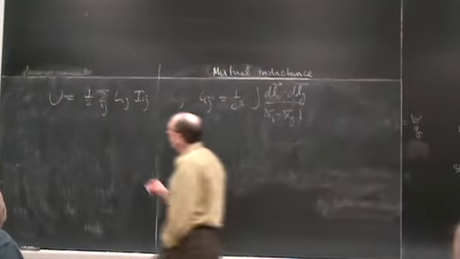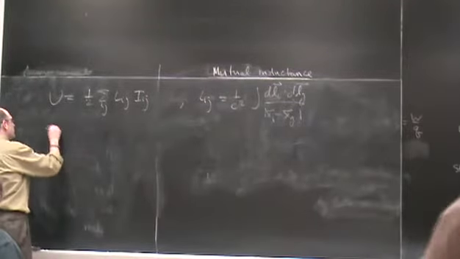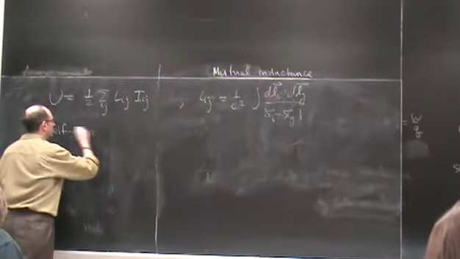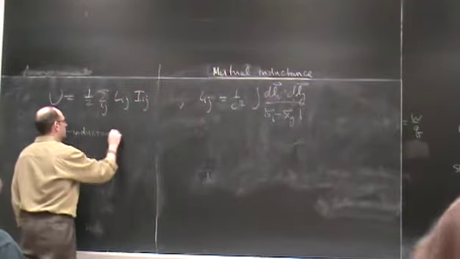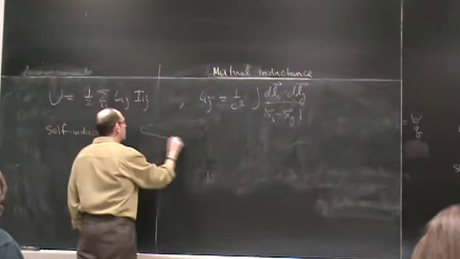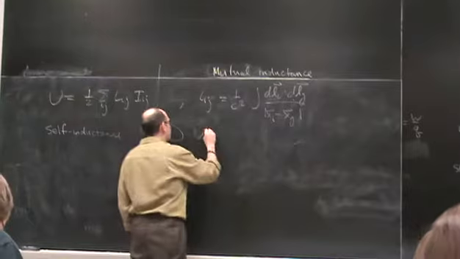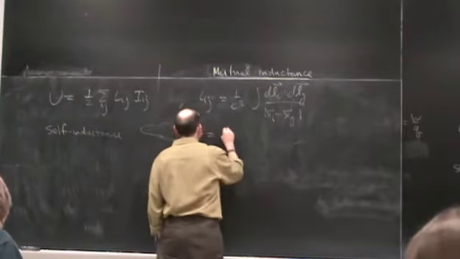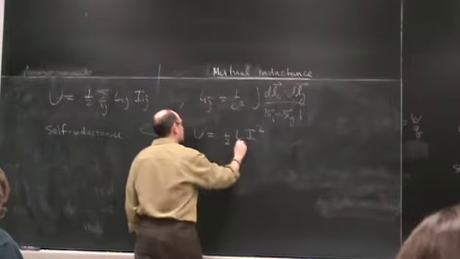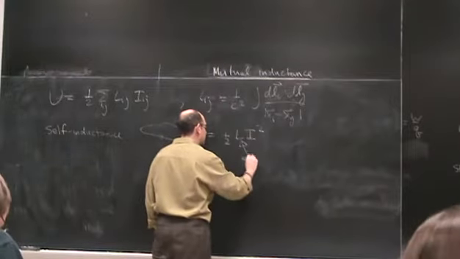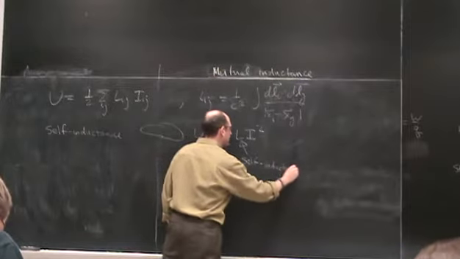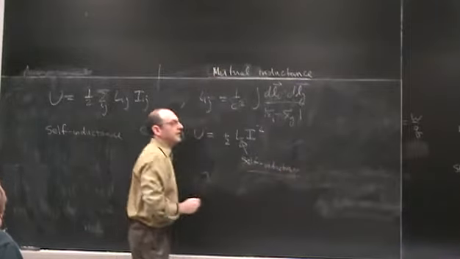Of course, there is a self-inductance of a given loop. And so if I only had one loop, then the potential energy of that one loop can be expressed in terms of the self-inductance of that loop. How do we understand the meaning of inductance?